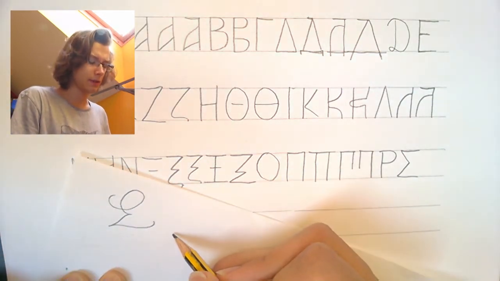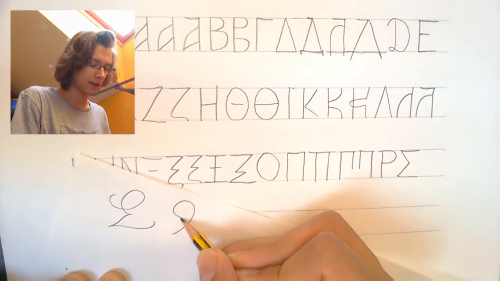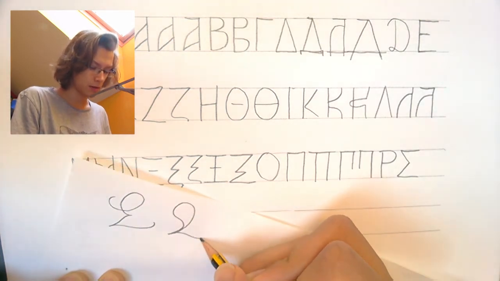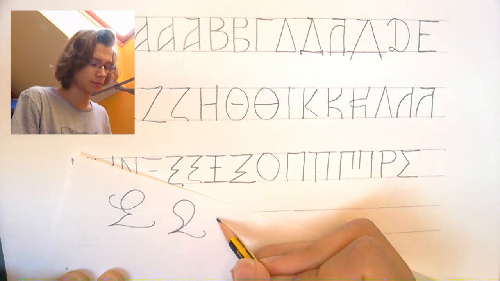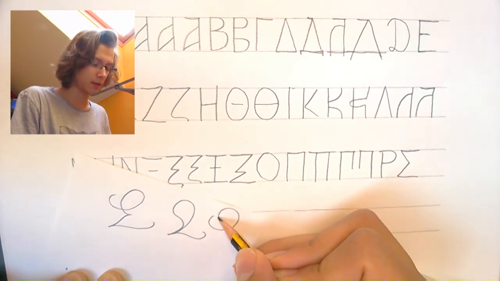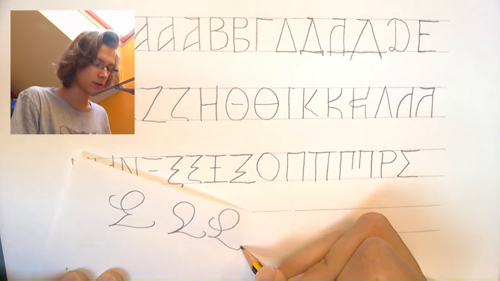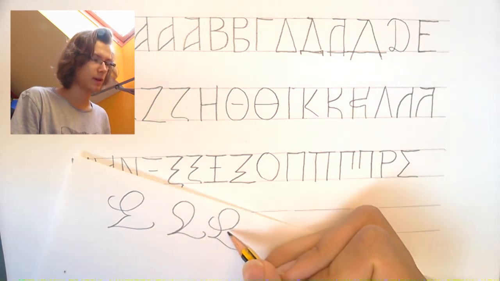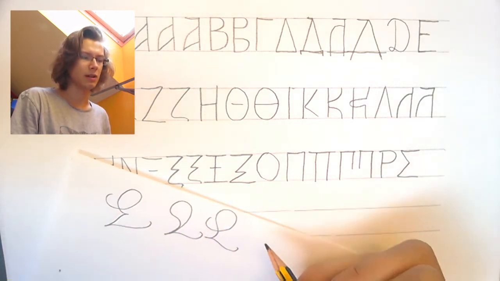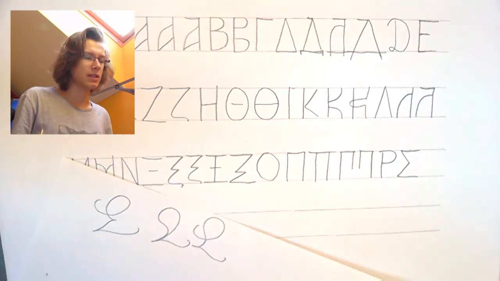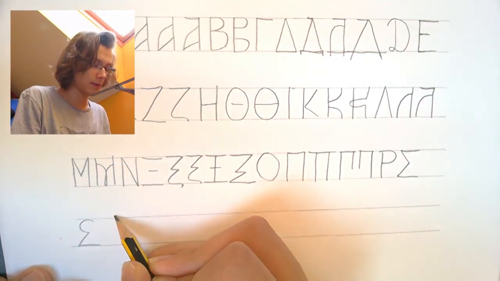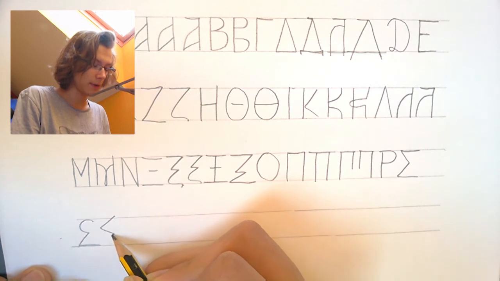And I guess I found one like that, and this freaked me out completely because I had no idea what the letter was. So I'm not sure if this is quite correct, but something like this might be a sigma. The sigma might look like that as well.